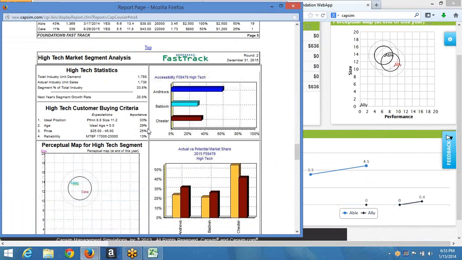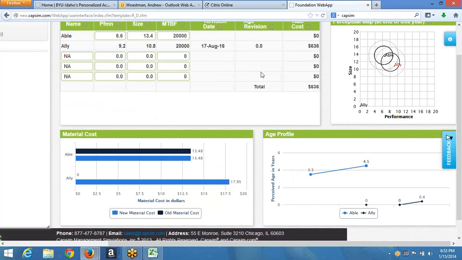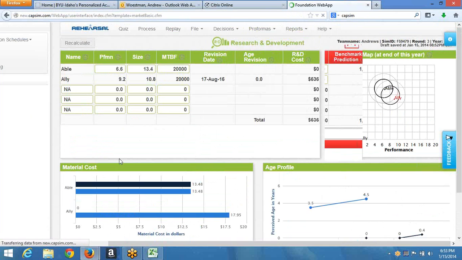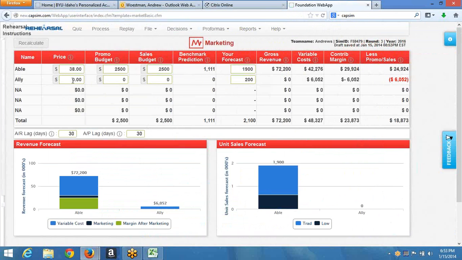So I'm going to push a little bit on the price because I want to make a lot of money, because I only have 230 units of her that I can sell. So I'm going to go back to my marketing, and I want to put a price at 48. Then I'm going to look at the promo budget.